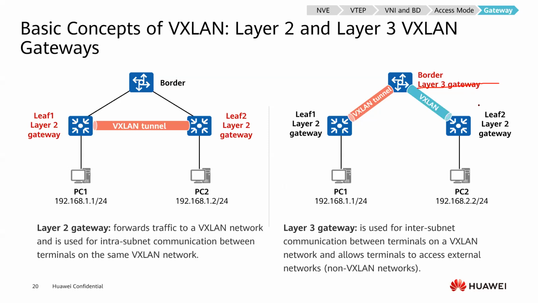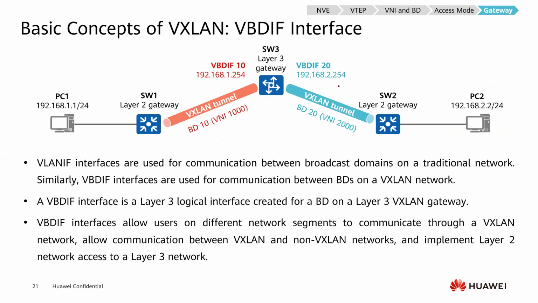We can use the VBDIF interface, an interface based on the BD, and you can use this interface to function as the layer 3 gateway inside this broadcast domain. So if a device is a VTEP type and you also configure the VBDIF on this device, we can consider it a layer 3 gateway.